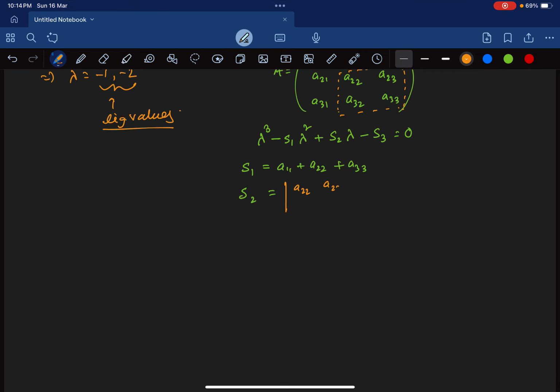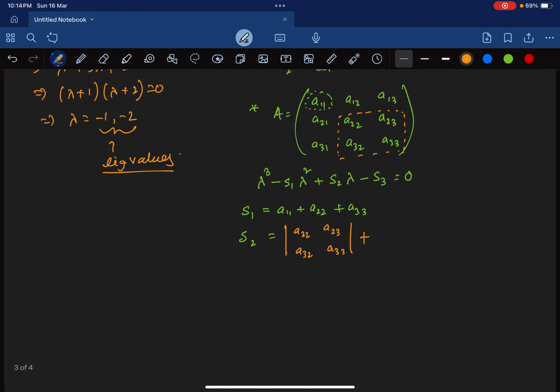Okay, this is corresponding to the first element. So what you have, A22, A23, A32, A33 plus, if you consider this second element, corresponding minor is what? See this entry, this one and this one.